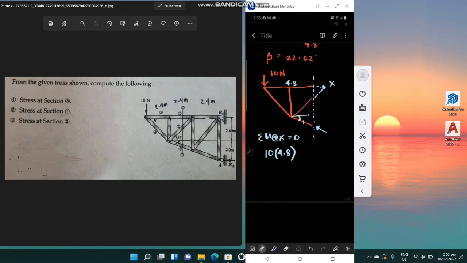So kani, you have beta na to 3, section 3, sine beta kung sign opposite niya, so maka-form siya moment sa x: sin 22.62 times 2.4 plus the cosine, so ang adjacent sa angle, still the distance from x is 2.4.